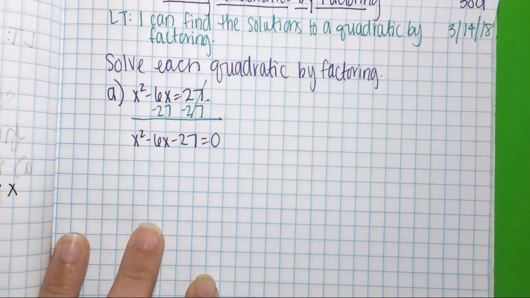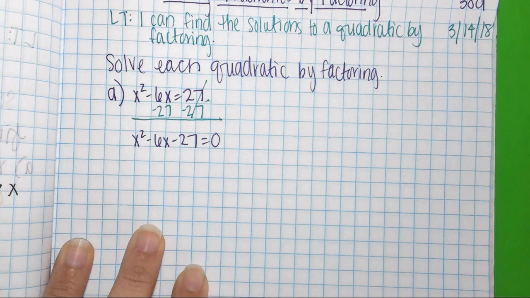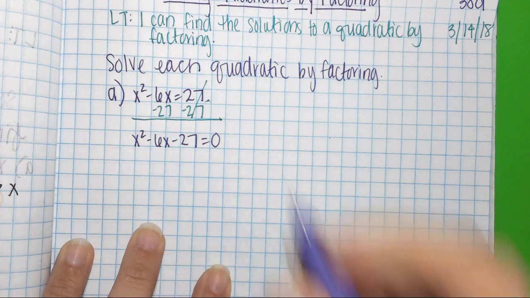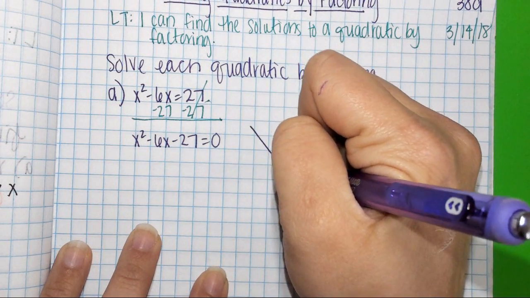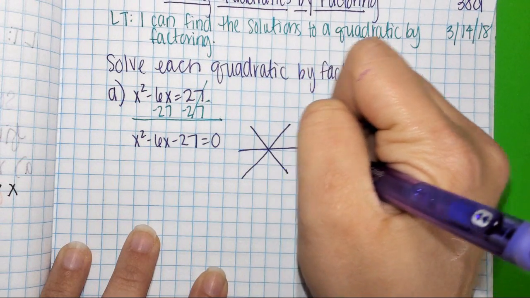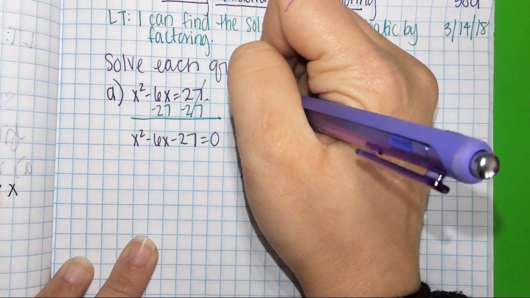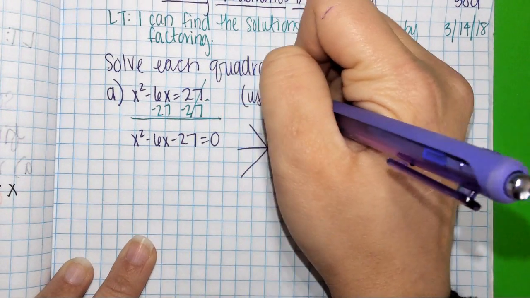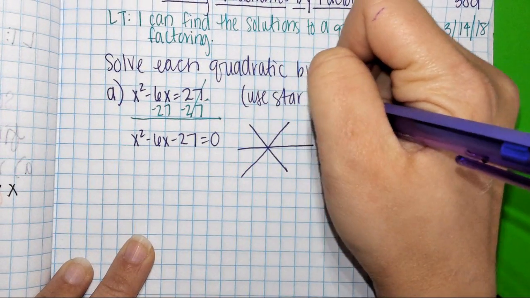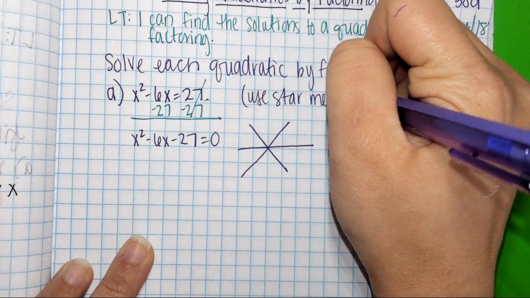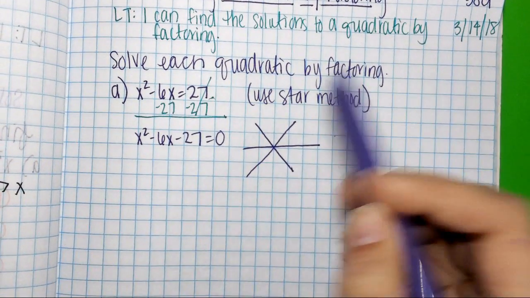Factoring. And who remembers how we factor a trinomial? The star method. Good, take a point. Alright, draw your star. What goes in the top of our star?